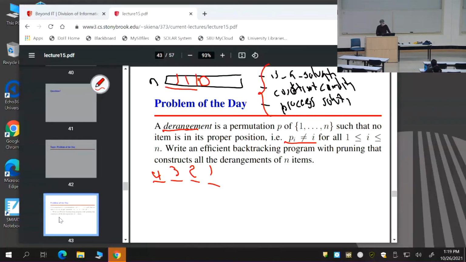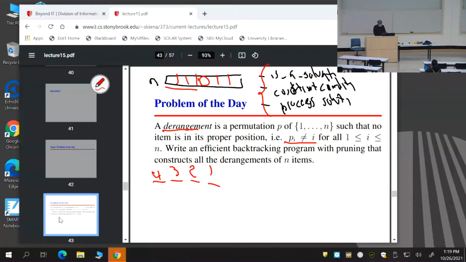So first of all, which problem are you basing this on? I showed last time how to do it for subsets and permutations. Which way are you basing this on? Permutations, okay, because obviously a derangement is a permutation. So now, what are you telling me that the breakdown is? For the is-a-solution function, you could just check if the size of the vector that you're working with is equivalent to n.